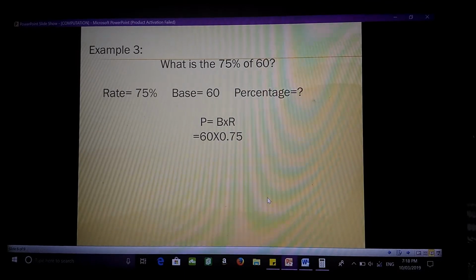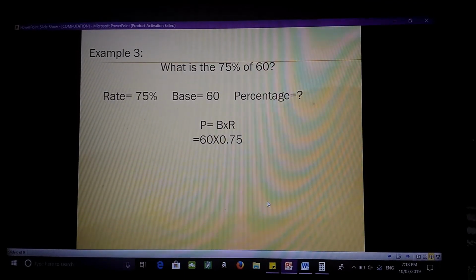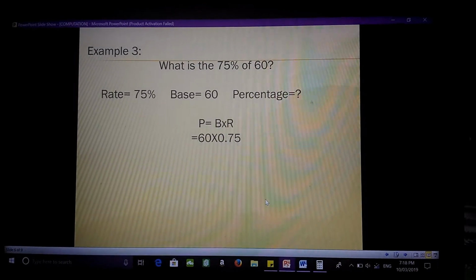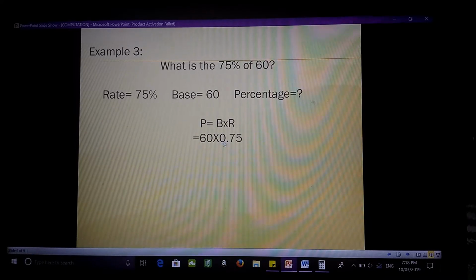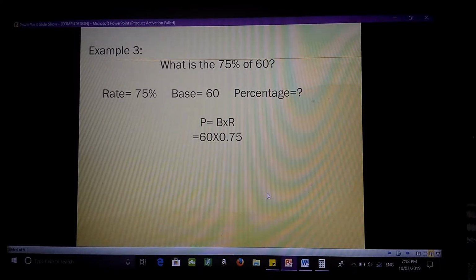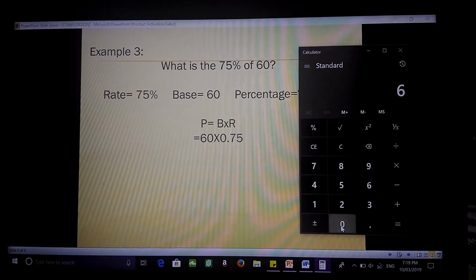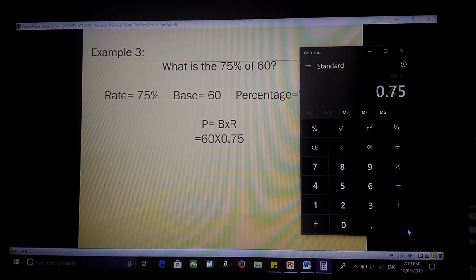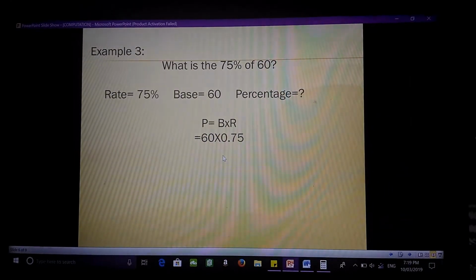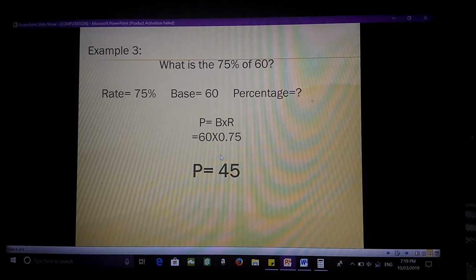Take note, you cannot multiply the 75% itself. You have to convert it to decimal like this one. As you can see, the 75 turned to 0.75. So again, 60 times 0.75 is equal to 45. So the percentage is 45.